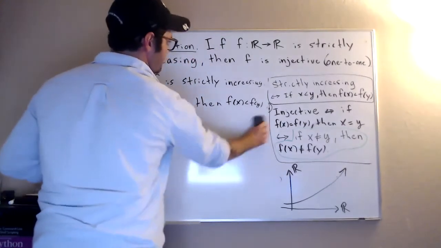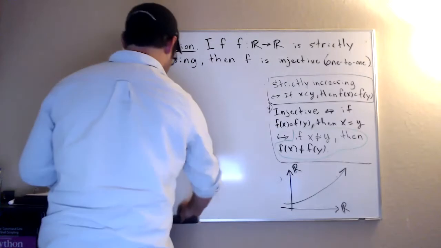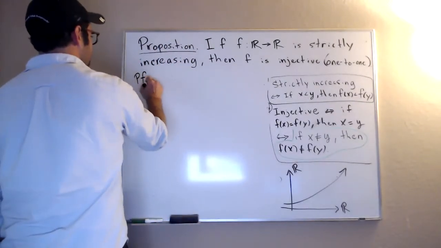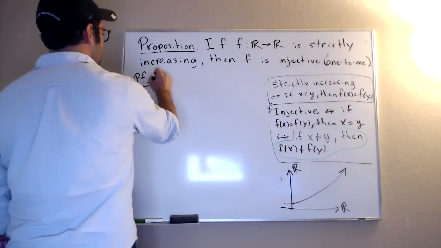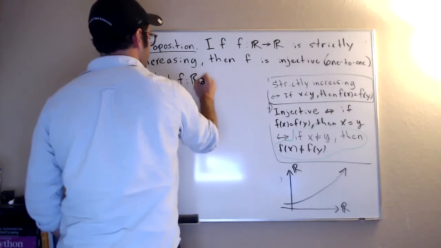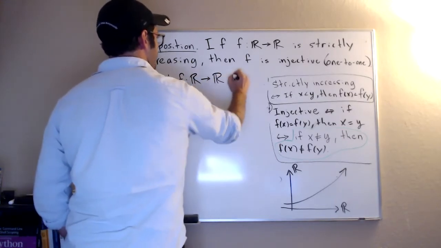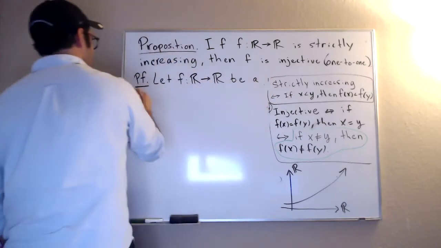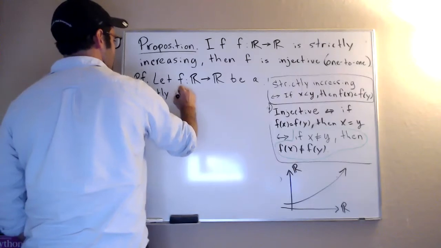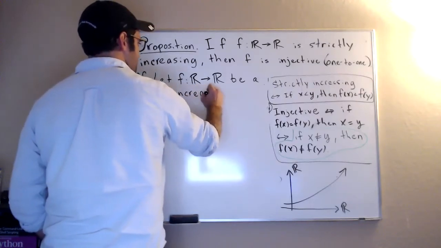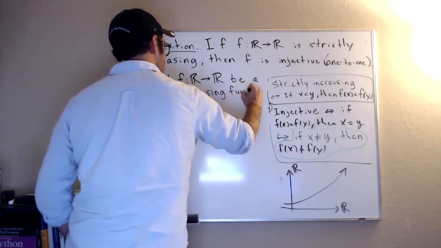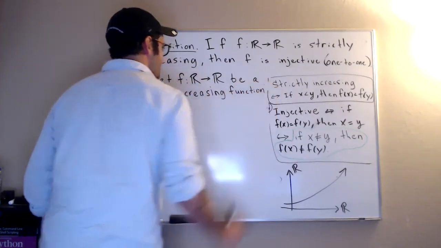So here, this would be the formal proof now. And we're going to choose to prove it directly because we can. So proof. We're going to say let f be a strictly increasing function. Okay.